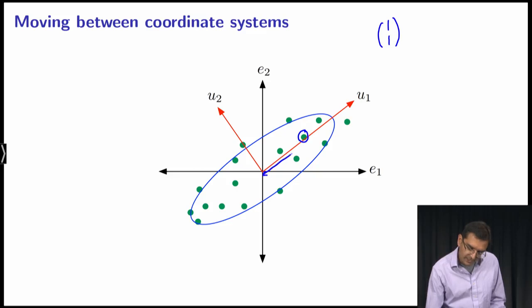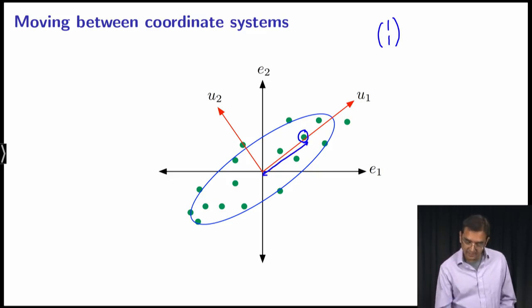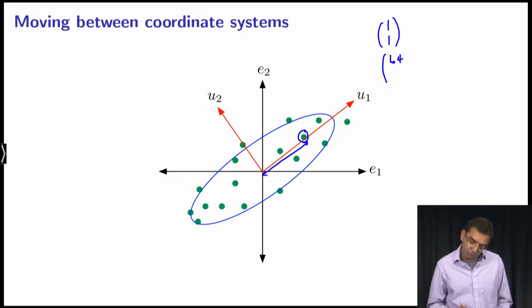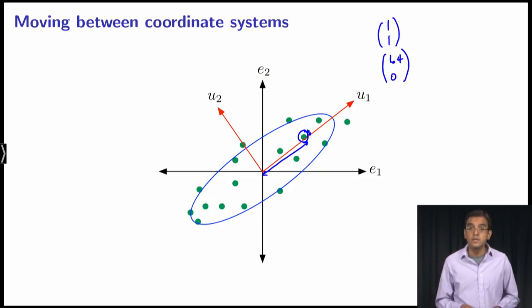Well, it would be this length over here, which maybe is something like 1.4, and this height over here, which is approximately 0. Two different representations for the same point. Now, the way we move back and forth between these representations is in this case just a simple rotation. It's a simple linear transformation.